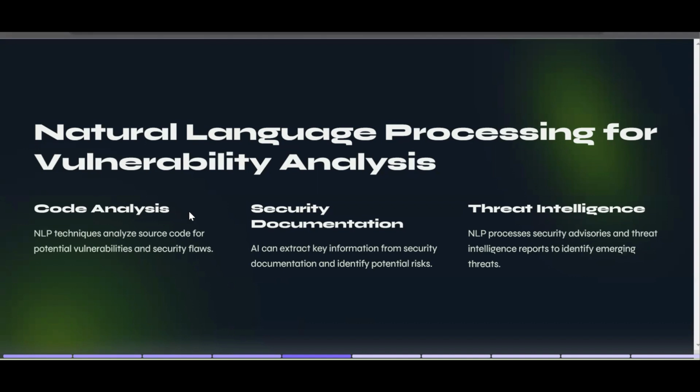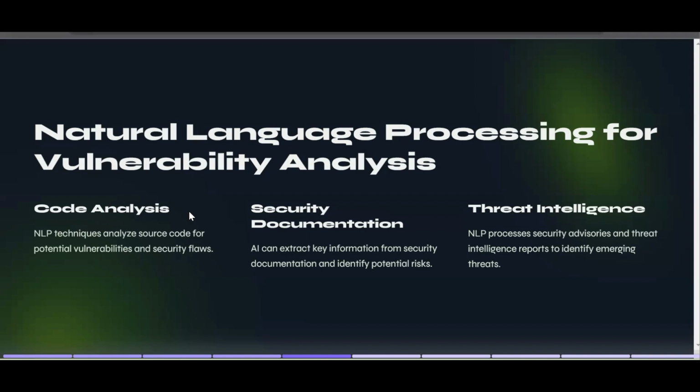All it does is make use of these three. It gets the vulnerabilities out of the code. It utilizes your security documentation, whatever key information it can extract. And utilizing that key information, it identifies the potential risks. It also utilizes your security advisories or threat intelligence reports to identify emerging threats.